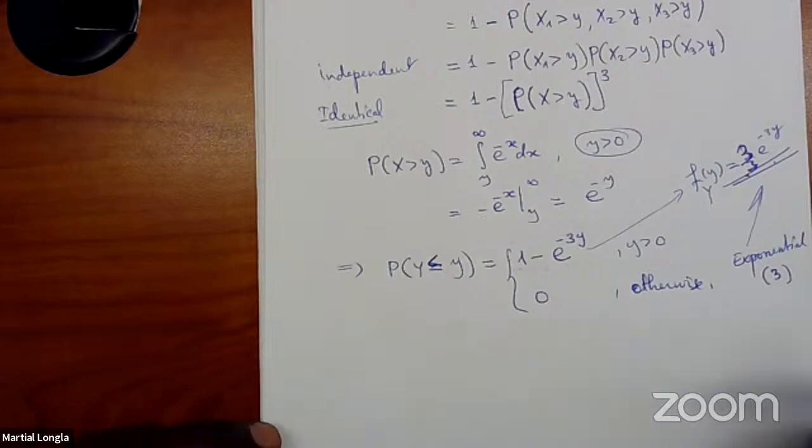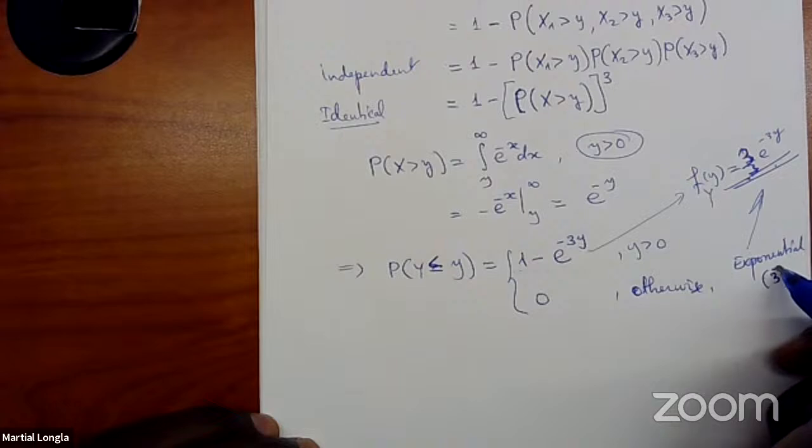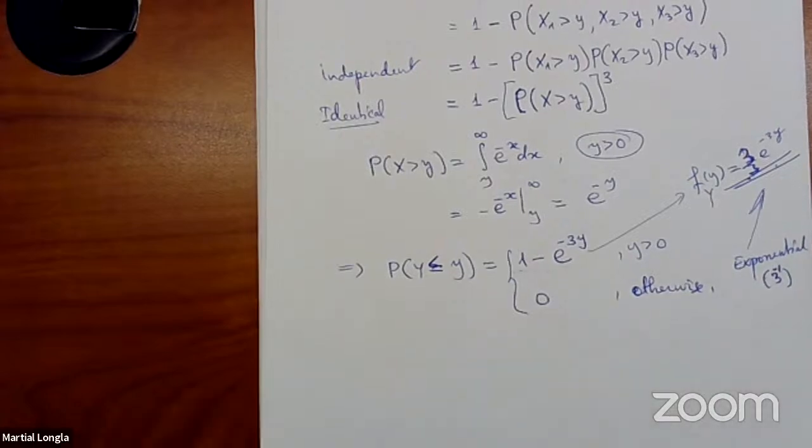If you have to be consistent with the beginning of this lecture, that will be 3 to the power minus 1, because our beta from the definition is x over beta. So in that case, this would be exponential with parameter 3 to the minus 1, which is 1/3. Any questions?